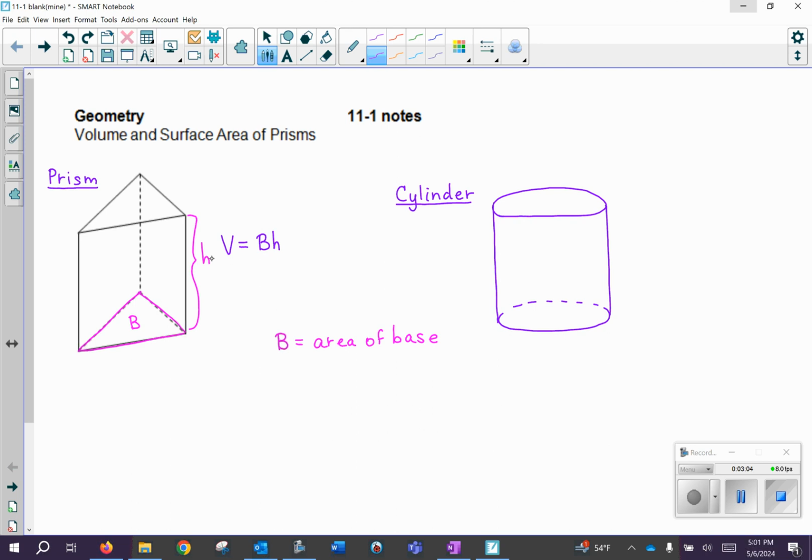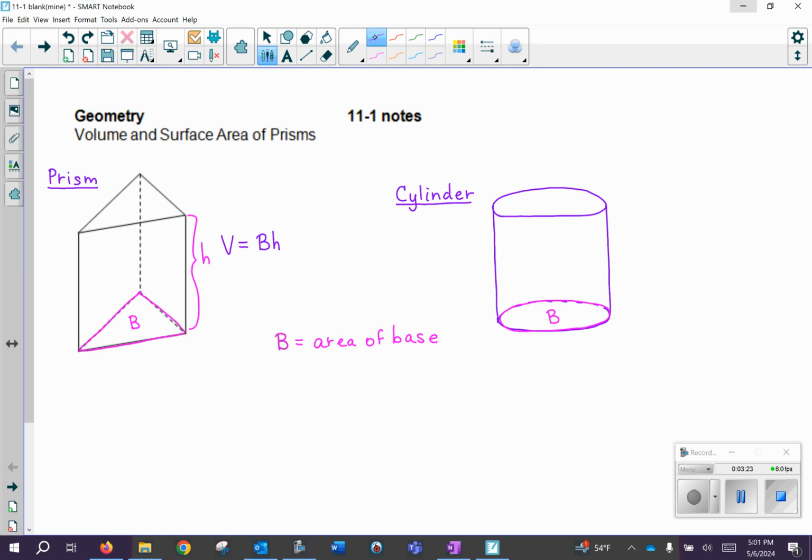All right, same thing over here with a cylinder. Let's talk about them at the same time. Here's the circular base. This is still capital B. Capital B still stands for the area of the base, right? The area of a circle is pi r squared. So you'll see us make those substitutions.